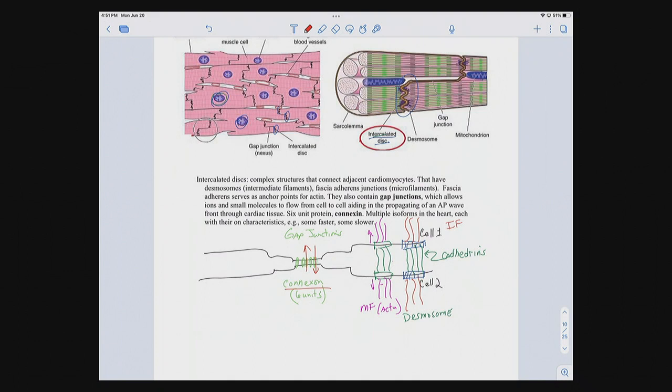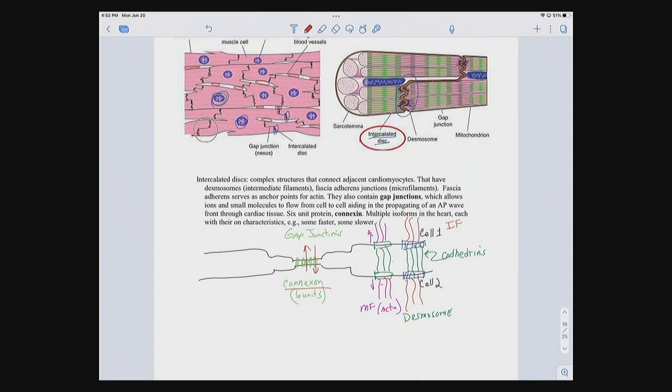You have them in smooth muscle, etc. So one connexin is not the same as another connexin, so forth, so on. Some will open fast, some will open slow, some will stay open longer, some will stay open shorter. So again, all kinds of functional variations of the connexins. But the connexins basically make up the gap junction.